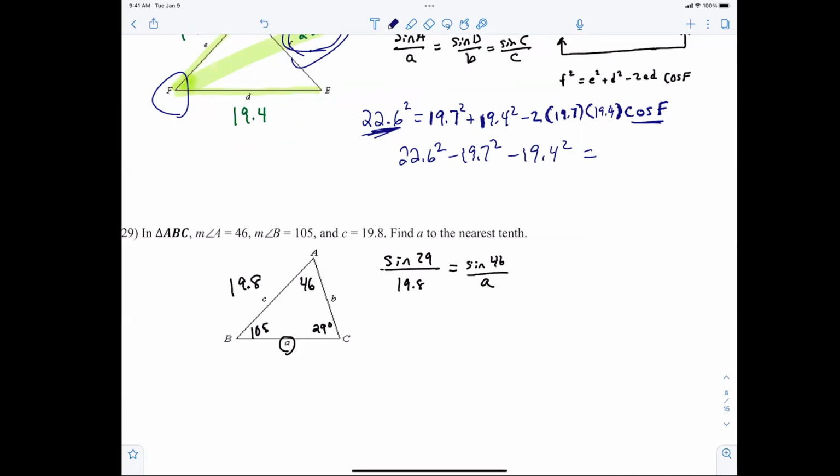Then you take that answer and you divide it by parentheses, -2 times 19.7 times 19.4, close parentheses, hit the equal button. That will give you a decimal. What is that decimal? 0.332. Thank you so much. So 0.332 equals cosine F.